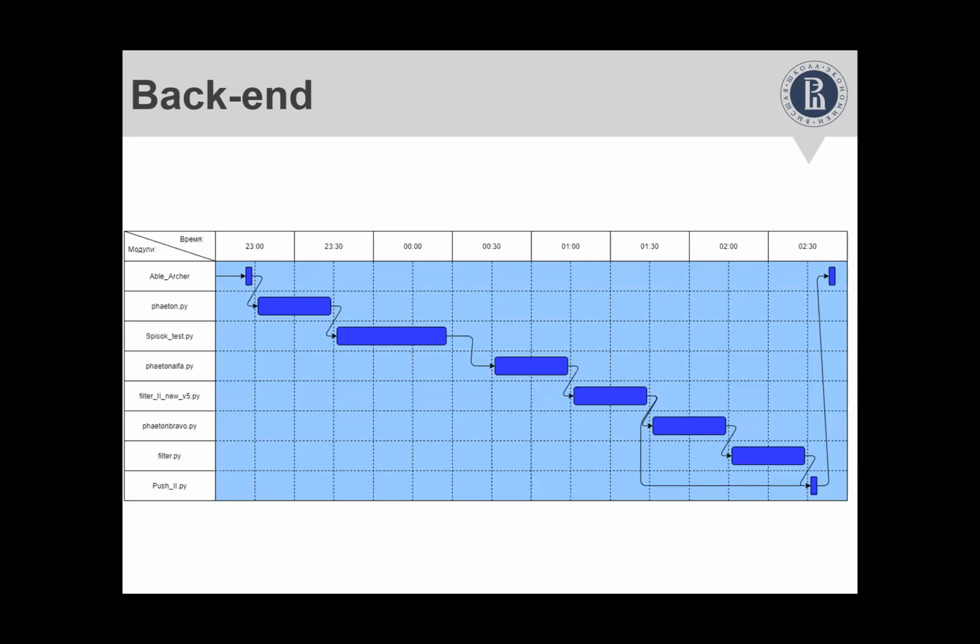After that, we create a time diagram where we have the time when each model must start to work and different kinds of models. For example, Able Archer is a debugger, and at the same time it's an after-run model. It is running the other models. Python Py is a crawler. Specific test Python is the first filter.